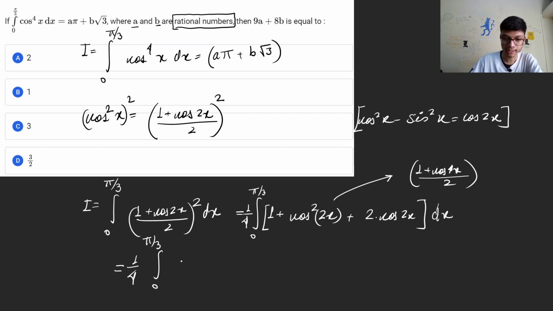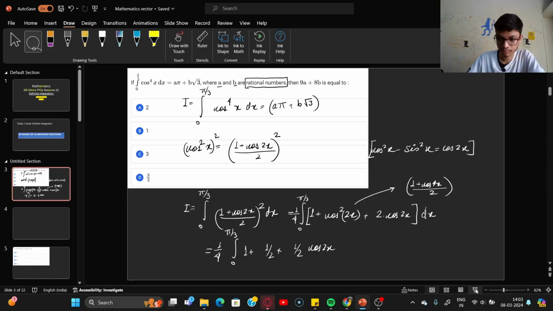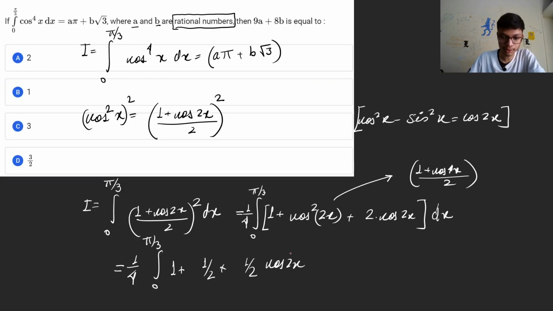In doing so, I simplified the expressions for which I know the integration formulas. So this becomes 1 plus 1 by 2 plus 1 by 2 cos of 4x, plus 2 cos of 2x. From here we can observe it is going to be 1 by 2 times cos of 4x.